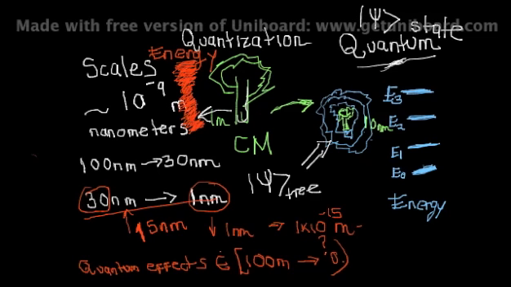This is the ground state, the first excited state of this tree, second excited state, and third, and so on. This is the quantum tree. So, there are only few available levels of energy which the tree can occupy.